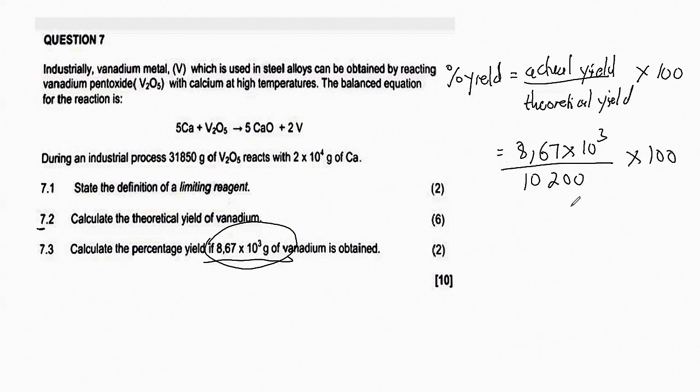Then multiplied by 100. Now we find that of what we obtained versus what we expected to obtain, it is only 85%. So that's your percentage yield. Awesome. So that's how you were supposed to tackle this question.